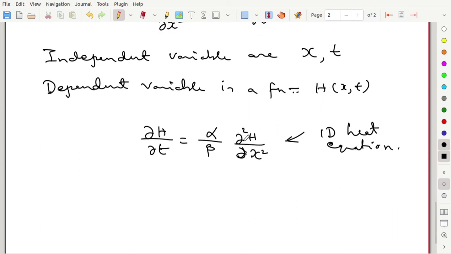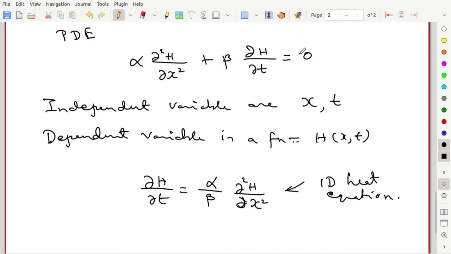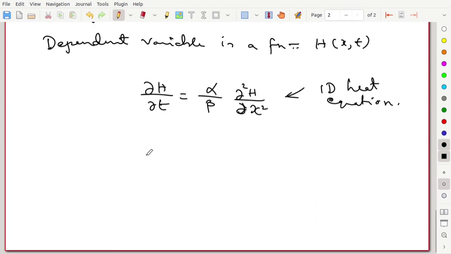This is an example of a homogeneous equation, since we do not have any functions of our independent variables x and t. So this is an example of a homogeneous partial differential equation.